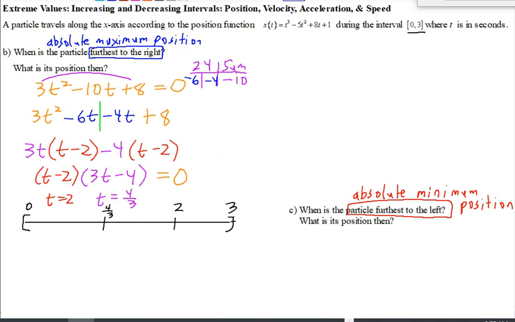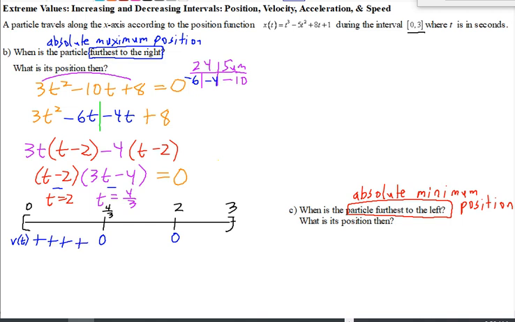And then always label it, so this is v of t, our velocity. These are the two times that make the velocity 0, so in between those, it has to be positive or negative. So if we test here, 0 minus 2 would be negative, and 3 times 0 is 0 minus 4 is a negative. Negative times a negative is positive, so the velocity would be positive here.